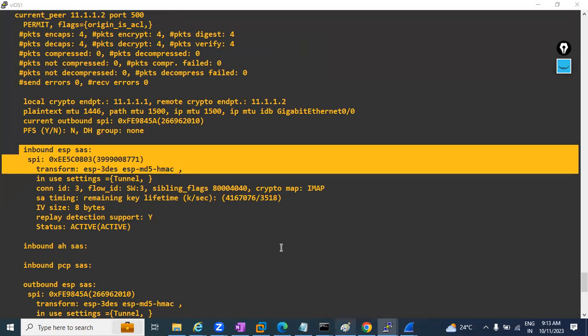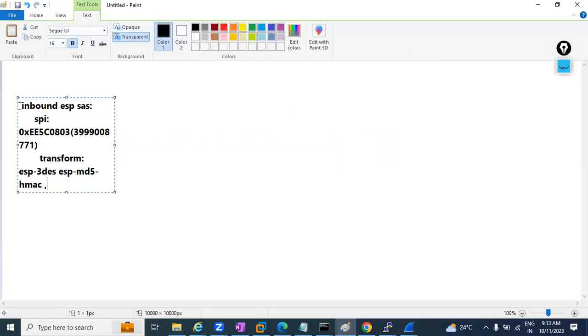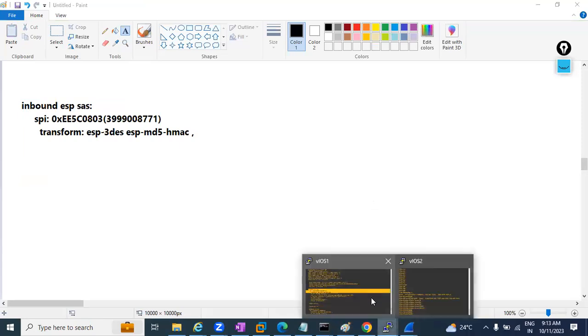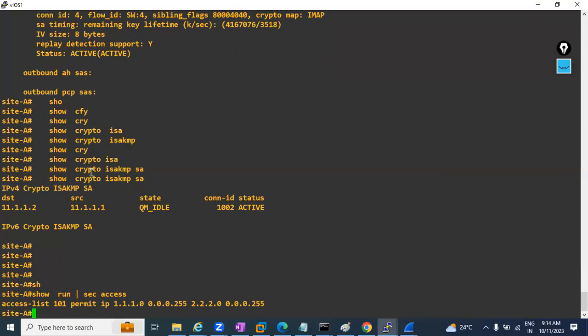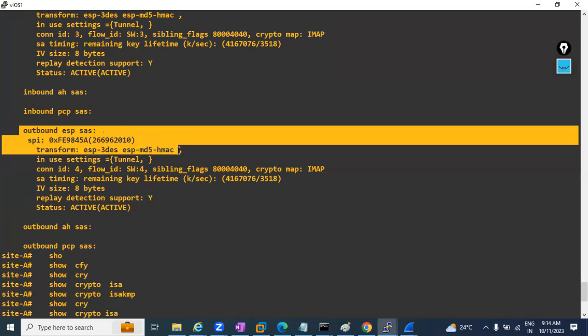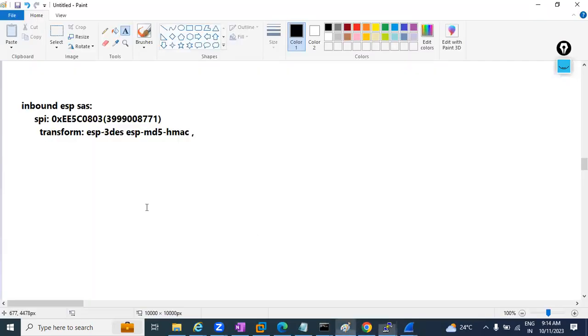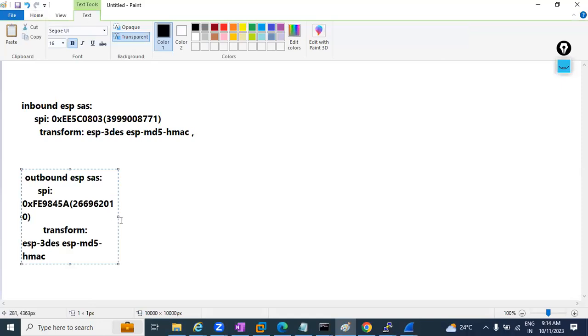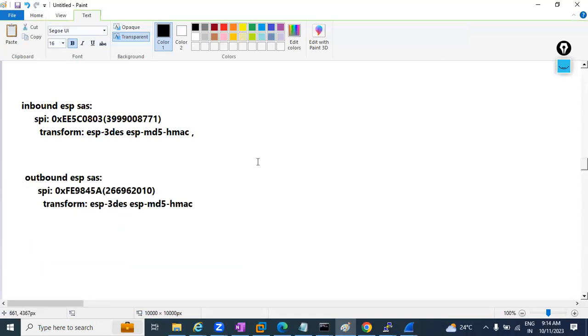This is the inbound SPI on site A. On site A itself, we have the outbound SPI. This is up to here. I have copied it. This is for site A.